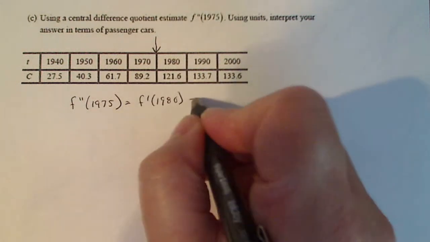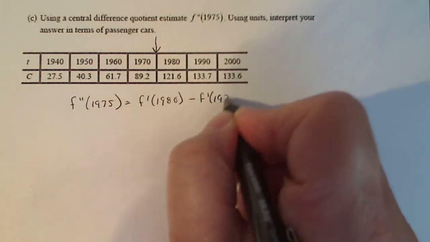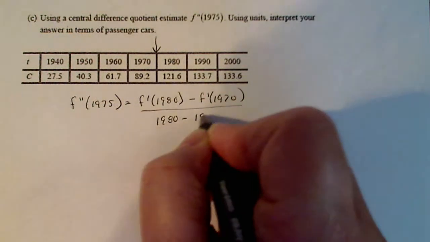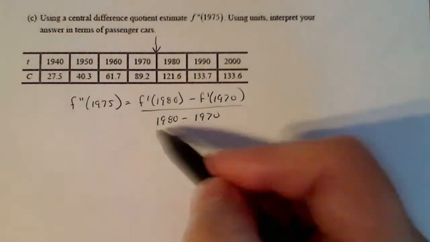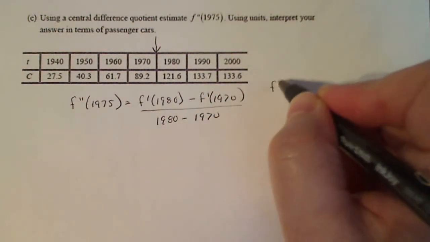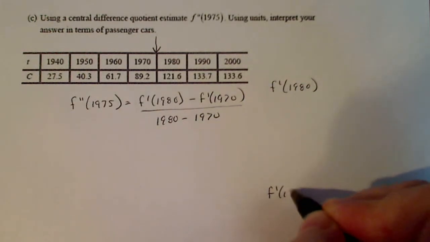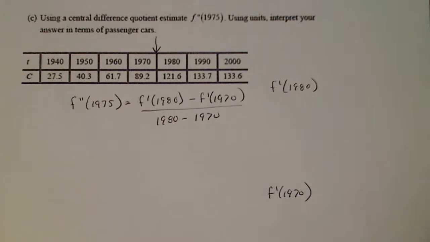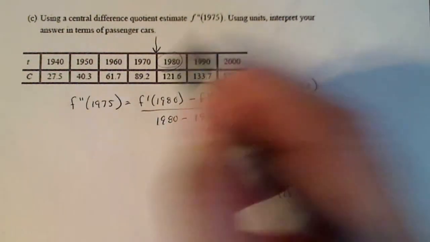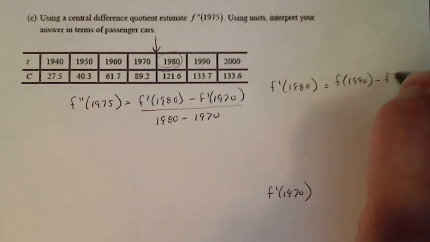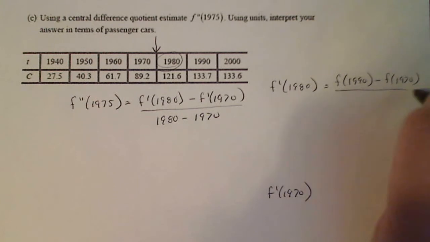So in order to do this, I have to come off to the side and write down what f prime of 1980 is and what f prime of 1970 is, just like I did in part B. For 1980, I want to use f of 1990 minus f of 1970 divided by 1990 minus 1970. Now this is just like the previous problem.